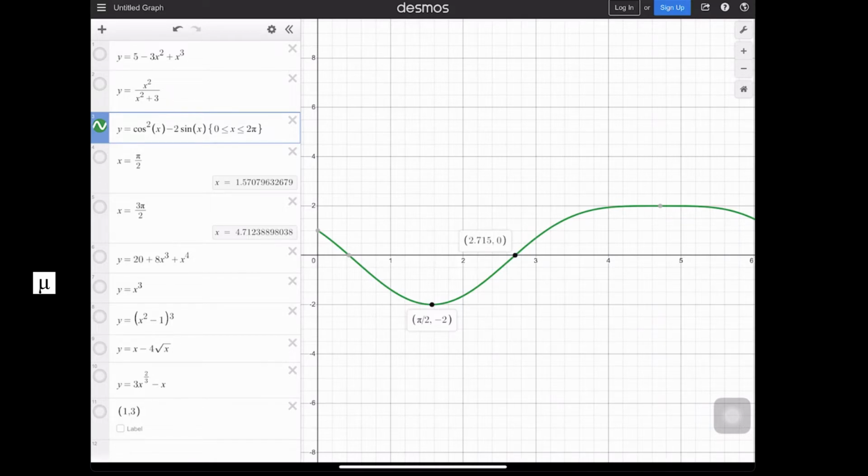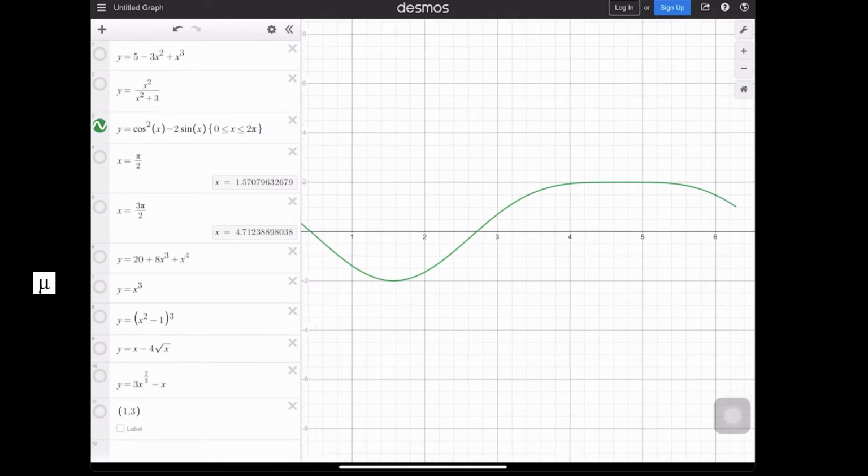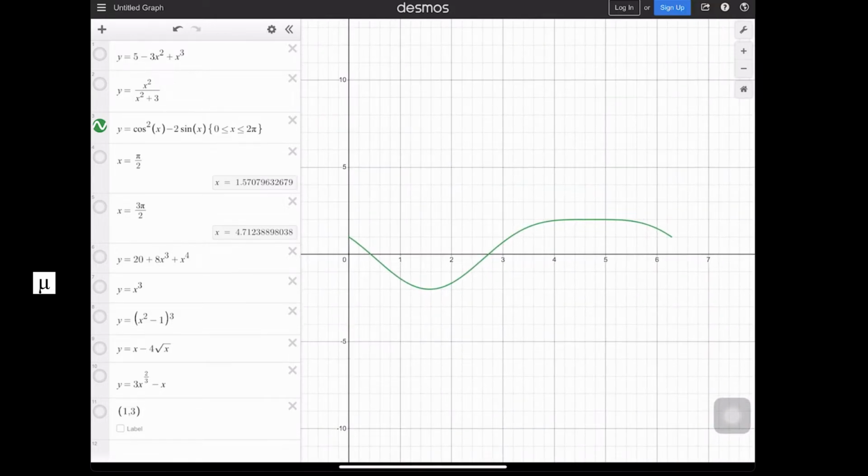Okay, 3 pi over 2. Got some concave up. We're going to probably see something very interesting with this curve tomorrow.